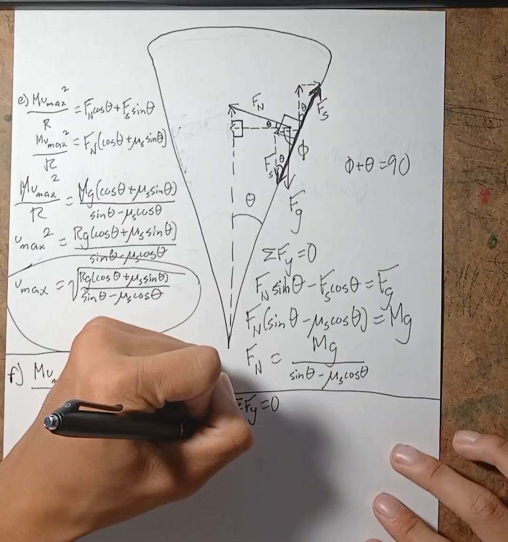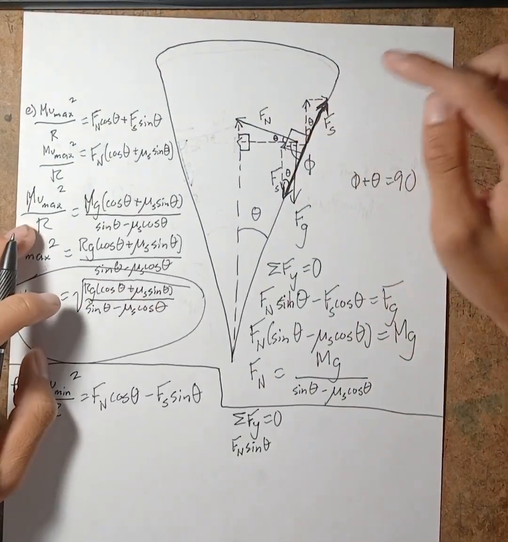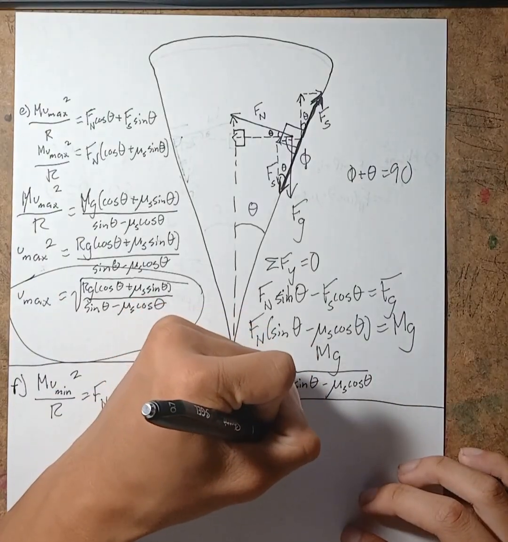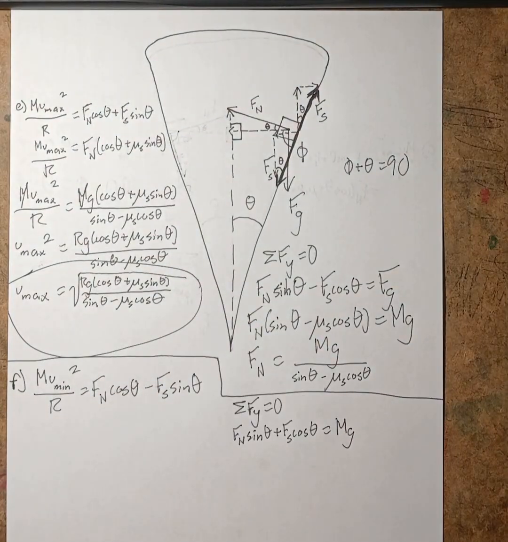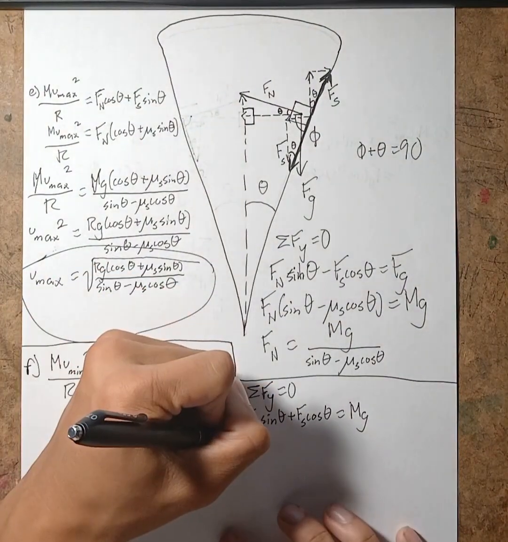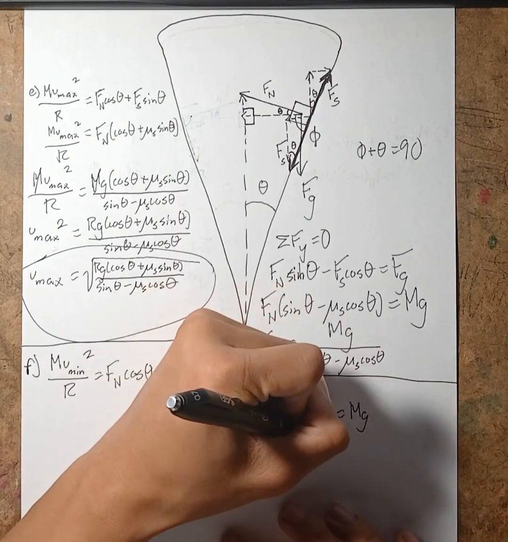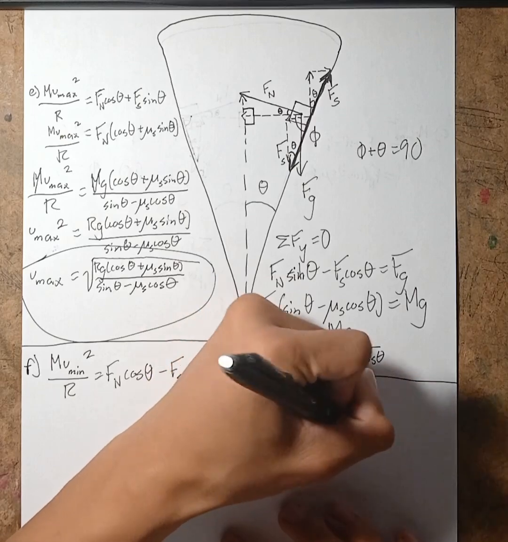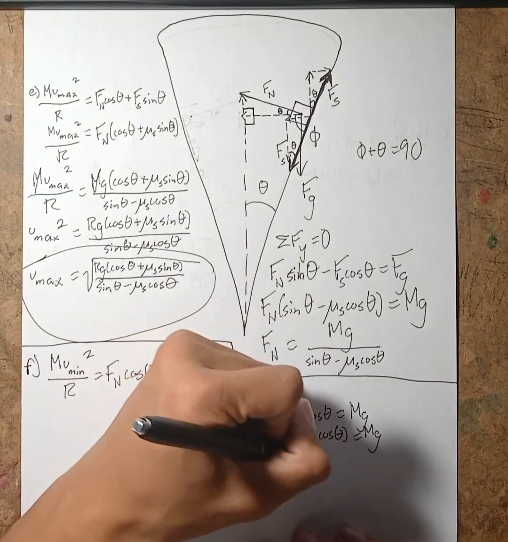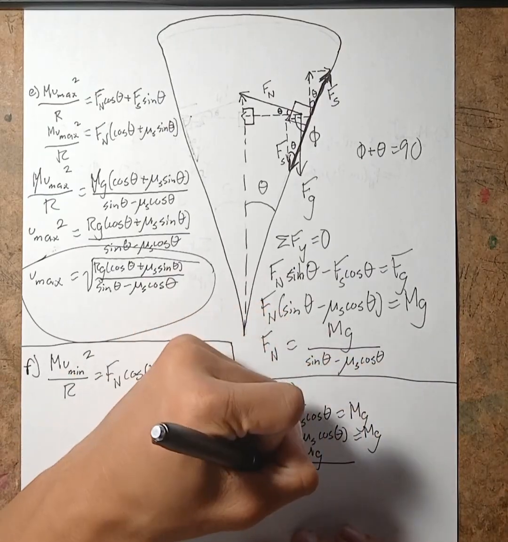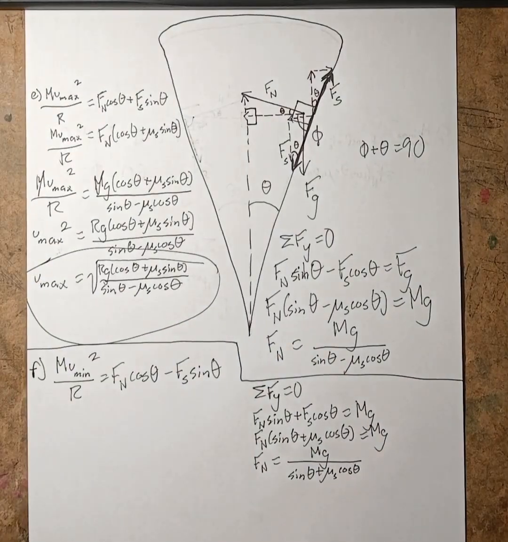And so we analyze those forces again. Fn sine theta. And Fs is pointing up as well, so we add that. Fs cosine theta equals, just go ahead and put mg there. And then again, we can factor out Fn. Divide both sides by this. Like that.